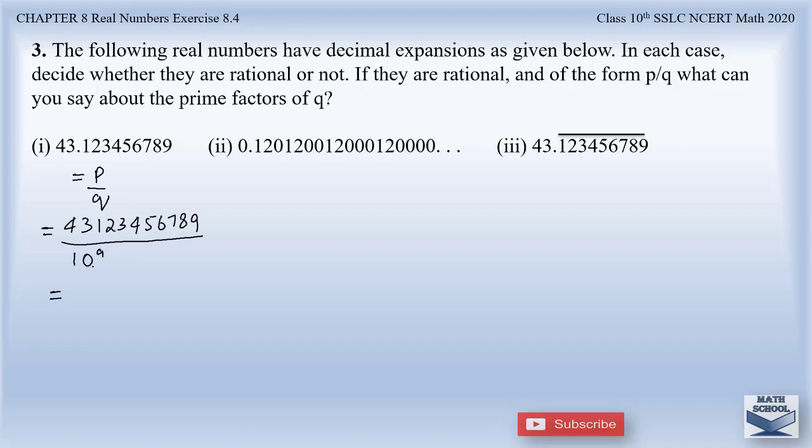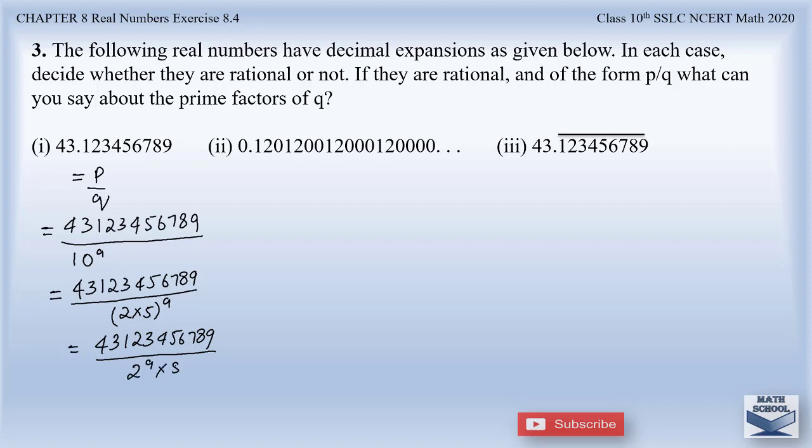We can write this 10 power 9 as 2 into 5 the whole power 9, right? Because the factors of 10 are 2 and 5. Again we can write this number as 43123456789 divided by 2 power 9 into 5 power 9.